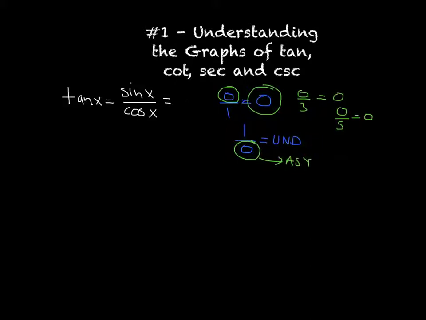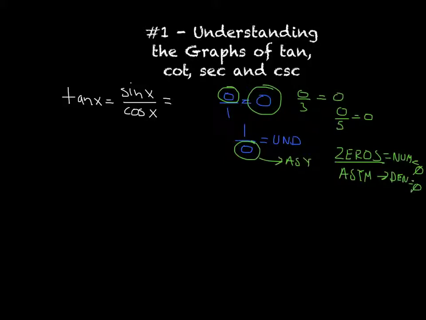The zeros are going to be coming from when the numerator is 0, and the asymptotes is going to be when the denominator equals 0. Nothing different than what we've done earlier in the year. So let's go back to our tangent graph.